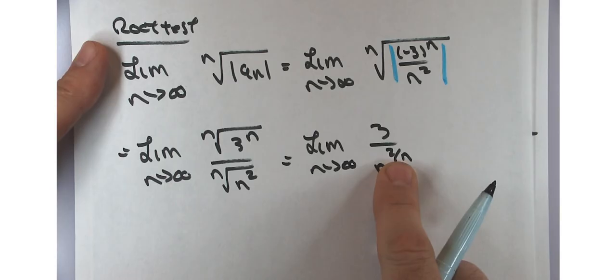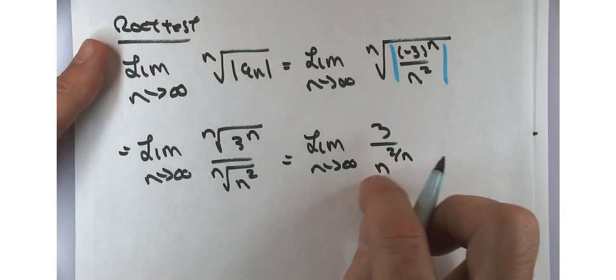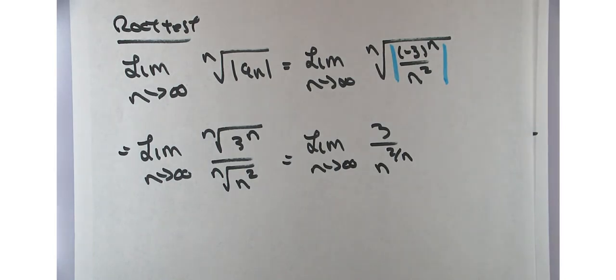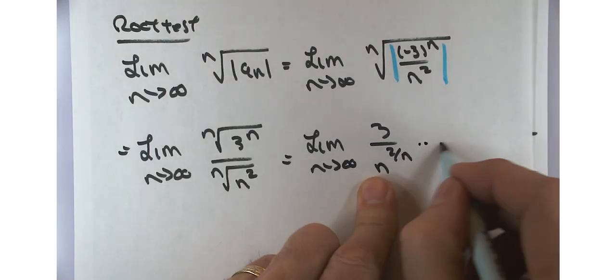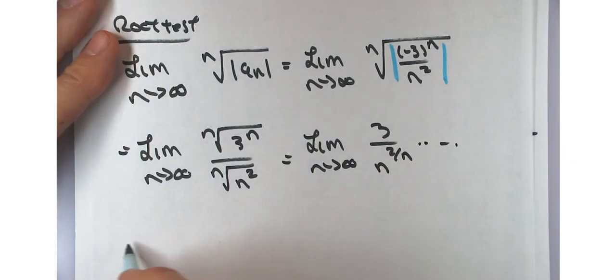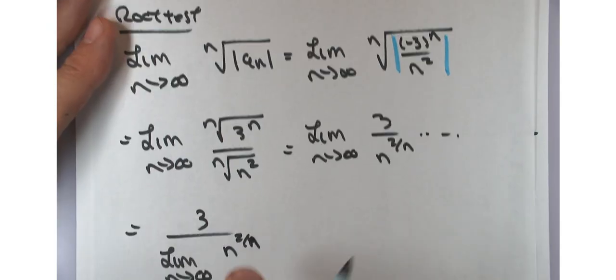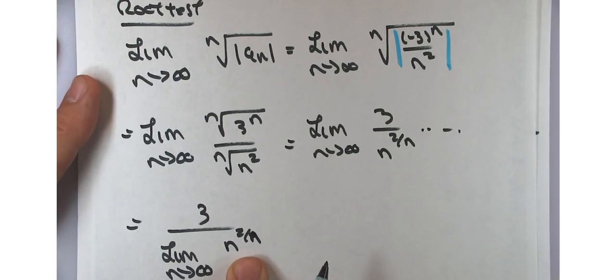So as n approaches infinity, you'd have to apply L'Hopital's rule here, right? That limit is going to be 3 over the limit as n approaches infinity of n to the 2 over n. And you got a problem here. This is an indeterminate form.